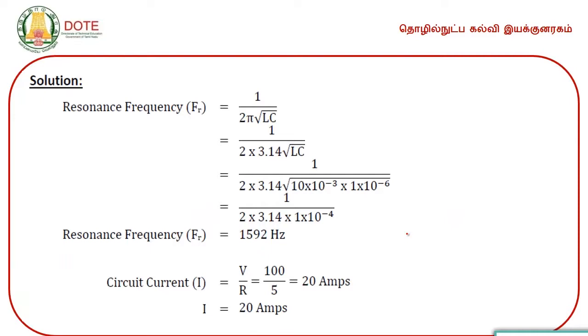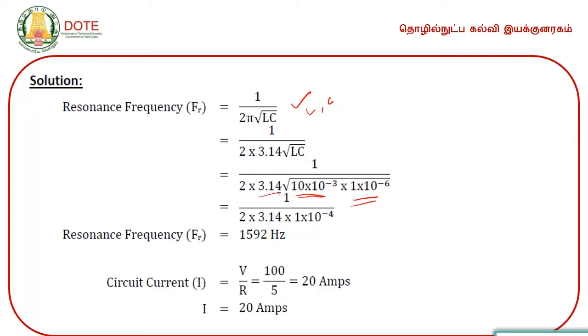Now let us see. This is the expression, 1 by 2 pi into square root of LC, the expression for resonance frequency we have derived in the previous session. We can straight away substitute the values of the parameters L and C. L is 10 into 10 power minus 3, and C is 1 into 10 power minus 6.